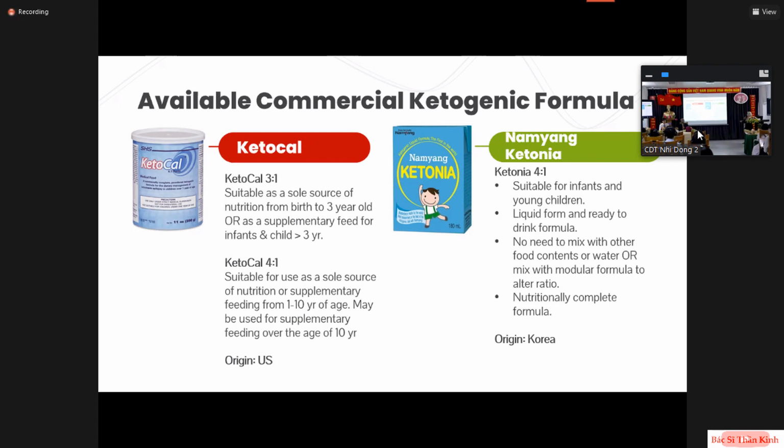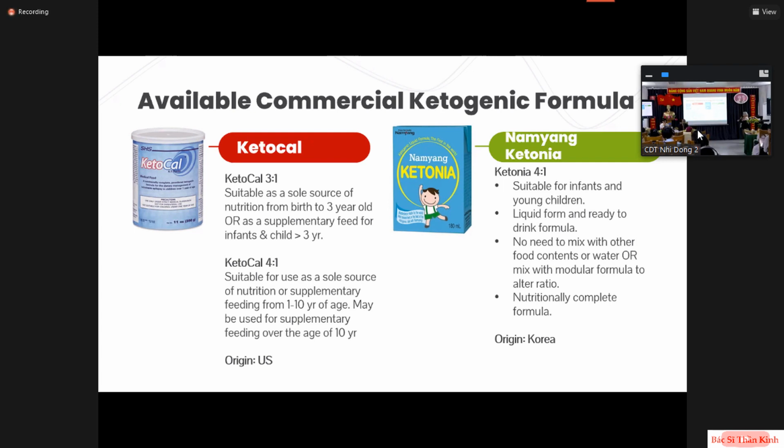The 3:1 ratio is more suitable from birth to 3 years old, and the KetoCal 4:1 ratio is suitable from 1 year plus, and maybe used for supplementary feeding over the age of 10 years old. The origin is from the US. And this one is a liquid form. This is the powder form.